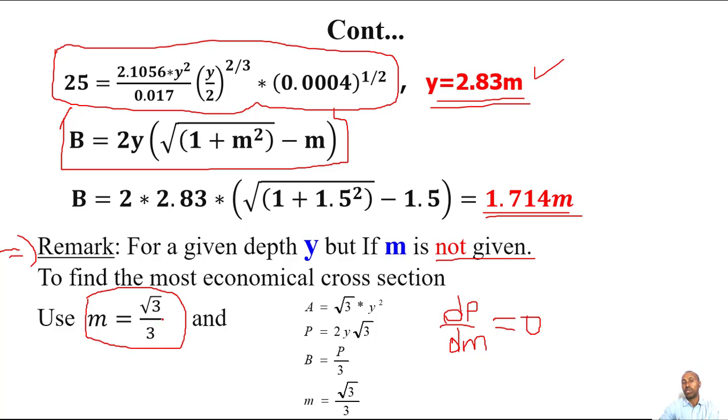If the side slope is 60 degrees from the horizontal, we have m equal to root 3 over 3. Then after substitution in the equations of area, perimeter, and bottom dimension, we found these equations for the most economic cross section. If m is not given, the area is root 3 y square, the perimeter is 2y root 3, the bottom dimension is P over 3, and m will be this one.